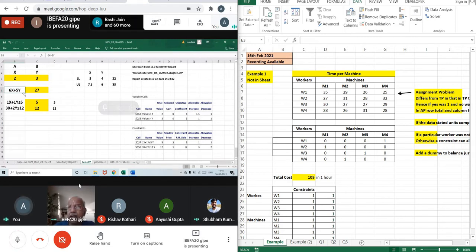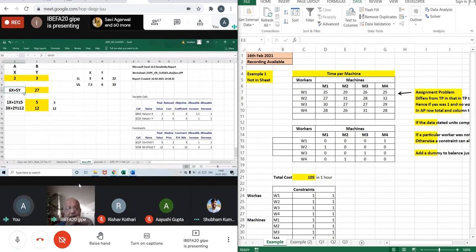Correct, yeah, sir, that part makes sense. A marginal change in the profit of biscuit A, a marginal change in biscuit B, how much will be the maximum profit?